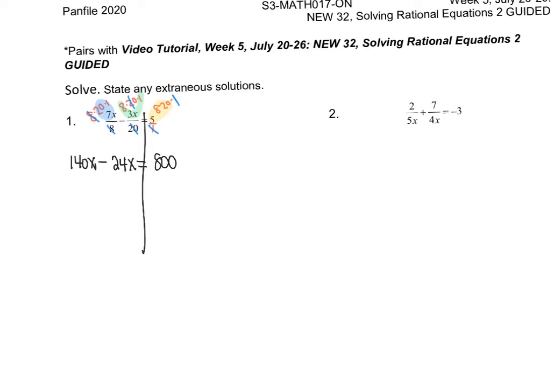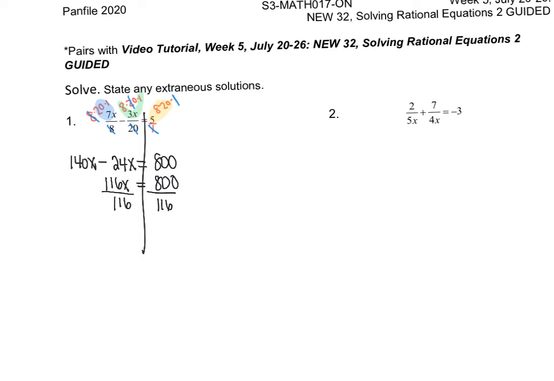All right, so I'm just checking my numbers because it's getting late. We have 116x because we're just going to combine on that side. 116x equals 800. We're going to divide by 116 on both sides.